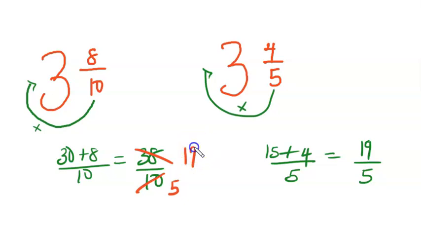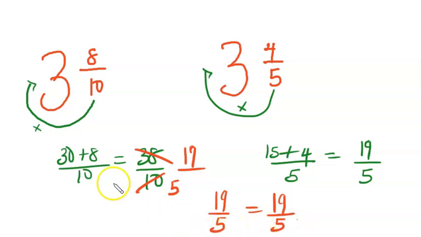Can 19 over 5 be simplified further? No, there is no common factor. 19 and 5, both of them are prime numbers. So we are done. This also is 19 over 5. Can you see that we have 19 over 5 equals 19 over 5? It's the same, right? So when you simplify the proper fraction of this, it doesn't change that fraction. It still gives you the same value, okay?